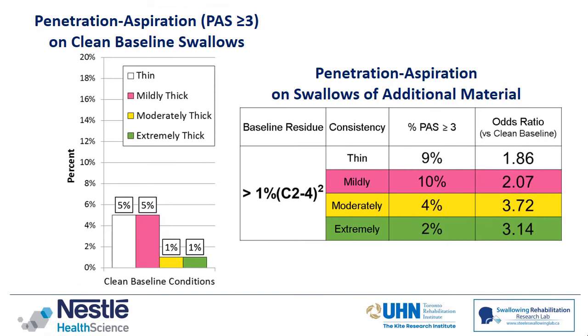When we compare the rates of penetration aspiration between the clean baseline swallows and the swallows of additional material where pre-swallow residue was already present above the 1% threshold, we saw 1.86 to 3.72 times the odds of penetration aspiration depending on consistency.